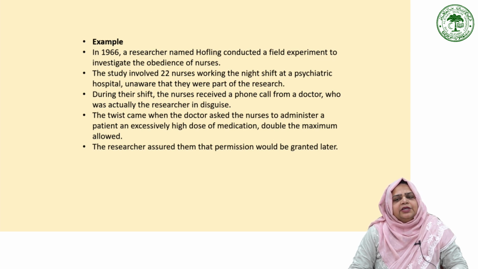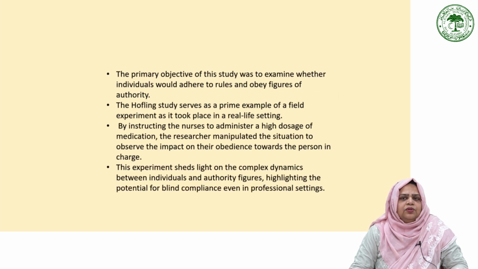In this particular experiment, the researcher manipulated the situation by instructing the nurses to administer an excessive dose of medication, and the purpose behind this manipulation was to observe whether the nurses' obedience would be influenced by the person in charge. This study sheds light on the complex dynamics between individuals and authority figures.